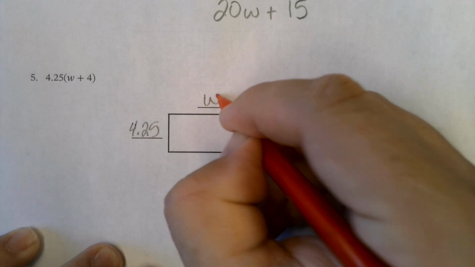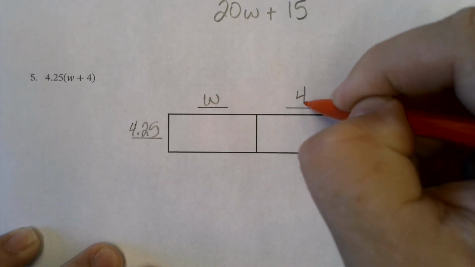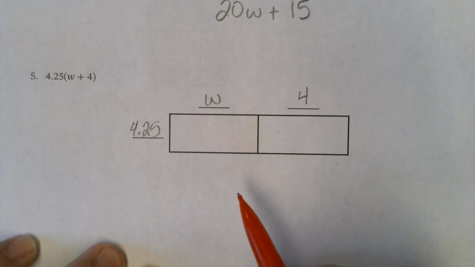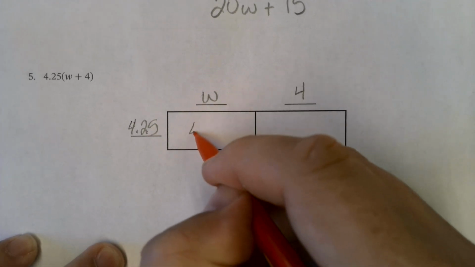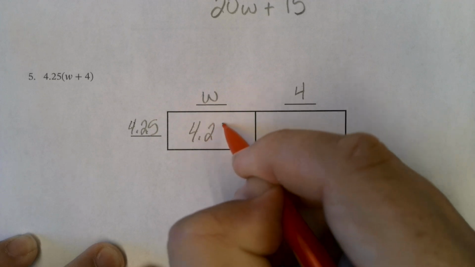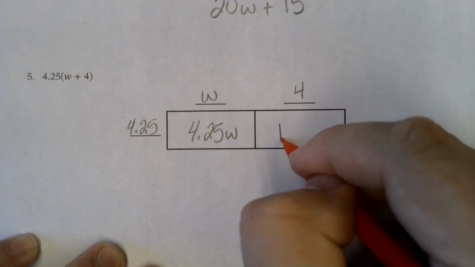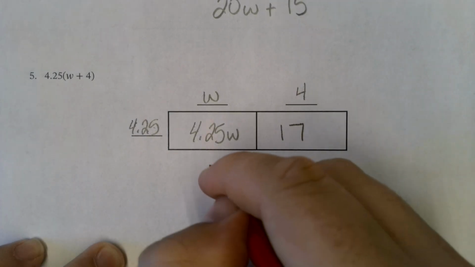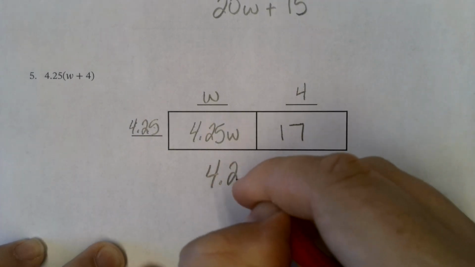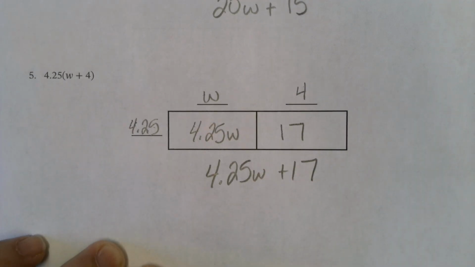The first term in the first box, the second term in the second box. Okay. 4.25 times w is 4.25w. 4.25 times 4 is 17. So the equivalent expression here, 4.25w plus 17.